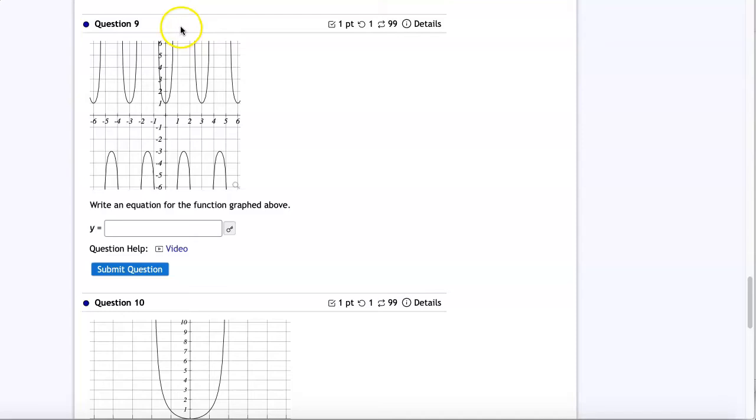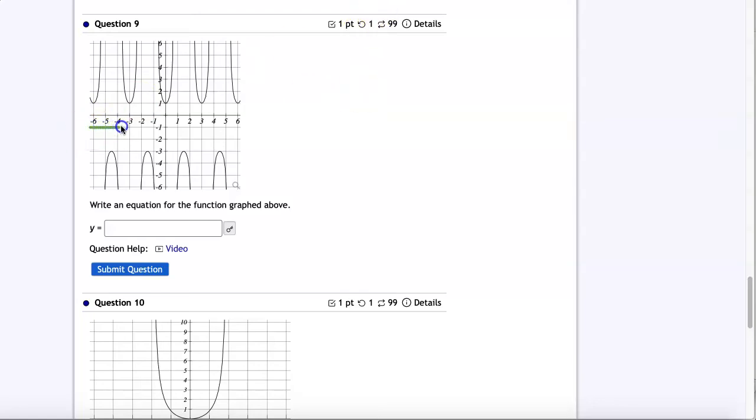Okay, so here I have either a secant or a cosecant, and I need to figure out the equation for it. So what I would recommend you do is try to figure out where you have a midline for starters. Where is the halfway point? And I can see that I have a halfway point about at -1.